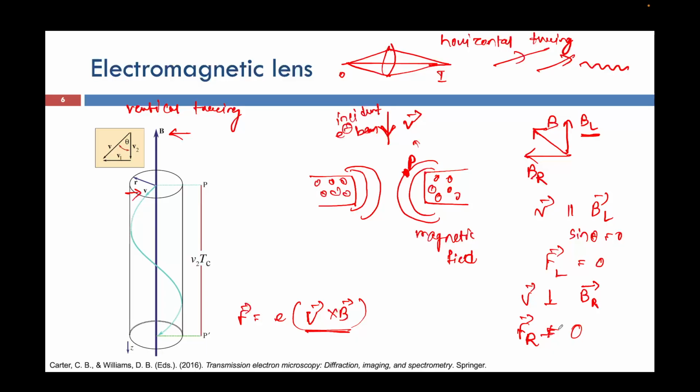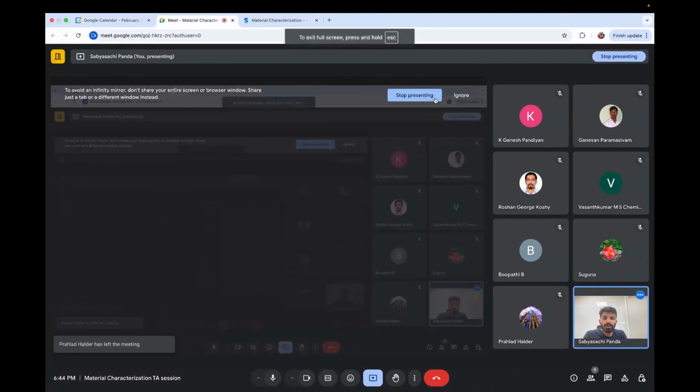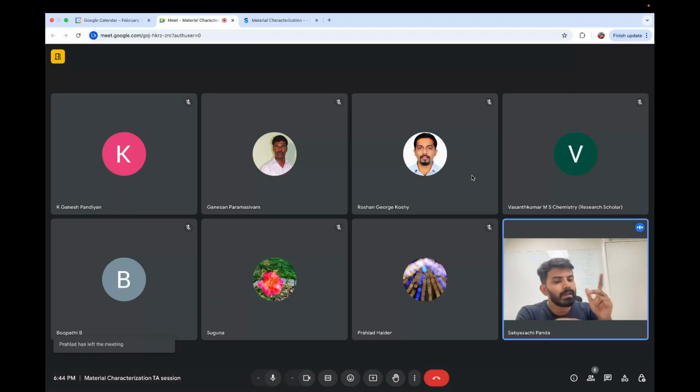So if you look at that, for a moment just look at my video. Since it's a cross product, the force will be given by Fleming's right hand rule. Fleming's right hand rule means I'm taking three fingers here, right?